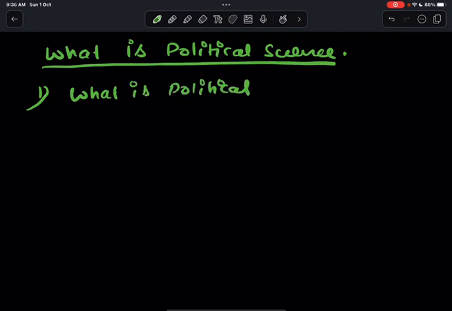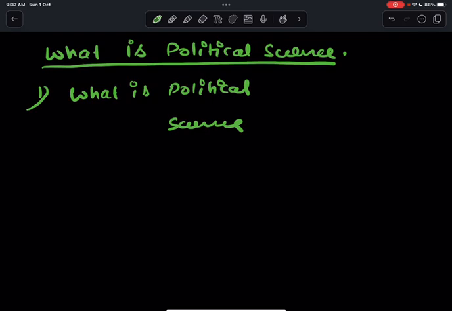सबसे पहले तो यही समझ में आना चाहिए हमें कि पॉलिटिकल है क्या. Then why is it called a science? Science is something which has very objective applications and is very crystal clear, and natural sciences like biology, physics and chemistry are generally considered as science.